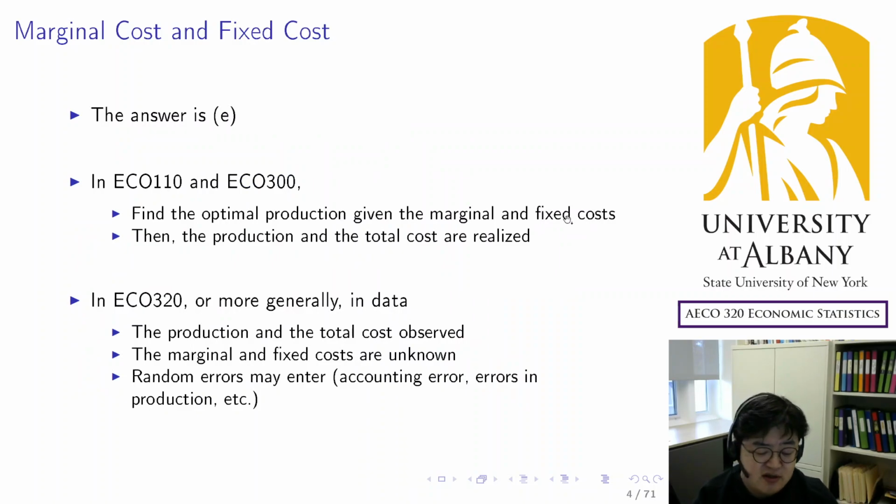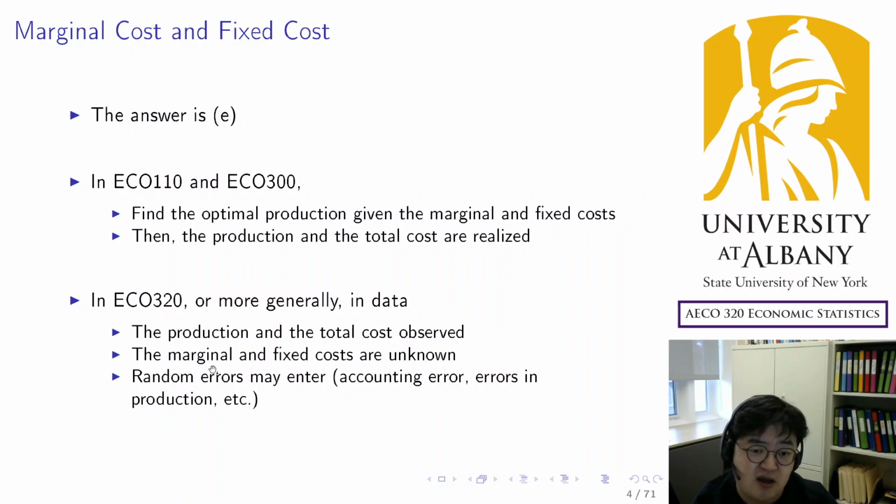See, think about this. You become the CEO of a firm. You open a restaurant. You open a factory. Then you would like to maximize your profit by setting the correct price, and to do that, you need to understand your cost function first. Okay, then how do you know that? You don't know. You need to estimate it.